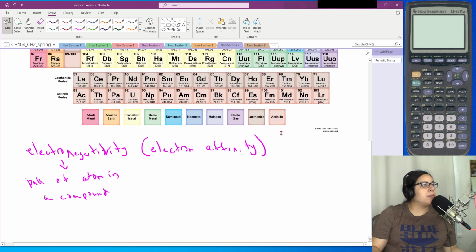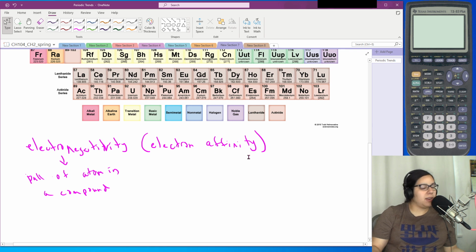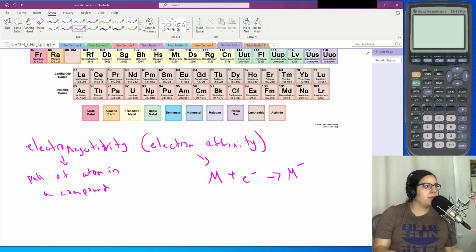So the difference with electron affinity is essentially the same thing. So it's an atom plus an electron to give you your charged species. And you're measuring in the gas phase, which also makes it slightly different.